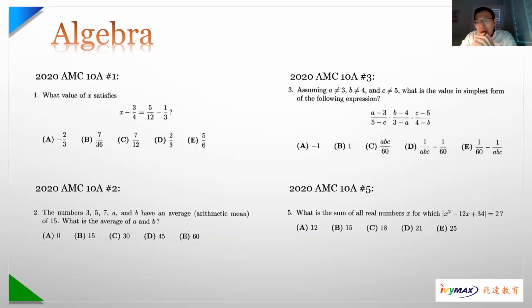You know that all the AMC questions are in order of difficulty, right? At the beginning it should be pretty easy, and at the end they will be very challenging. If we want to be invited to the next round, for the 10, generally speaking, you should get 120 out of 150.